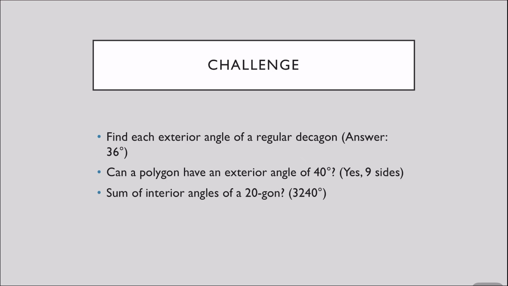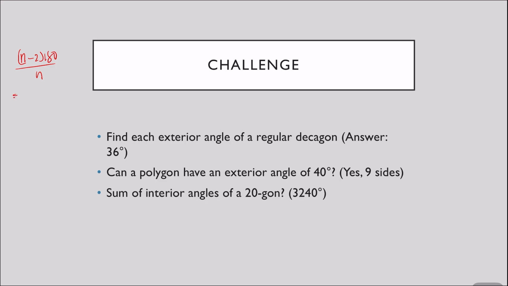Exterior angle of a regular decagon muna. So we can start by getting the interior angle. Kasi alam natin na yung interior plus exterior is equal to 180. So what is the interior angle muna for a decagon? We remember that the formula for the interior angle is n minus 2 times 180 over n.